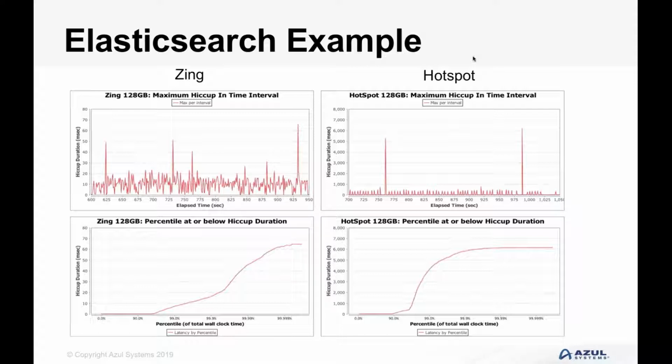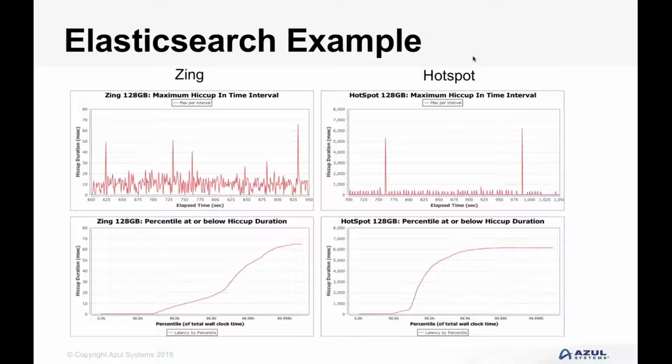We're seeing small spikes fairly regularly, which are the minor garbage collection pauses, and then a couple of infrequent, longer pauses, which are the major old generation garbage collection pauses. The bottom graph is just a percentile chart. If you're looking at how you can meet a service level agreement, that's the kind of thing where you can say, well, within 99.9% of the time, I can hit however long the pauses are.